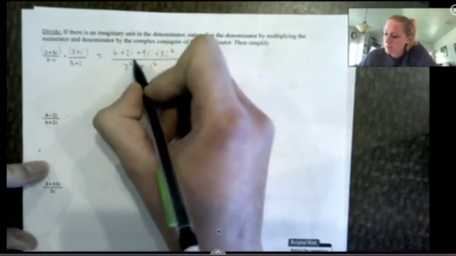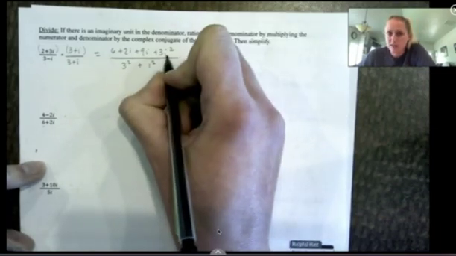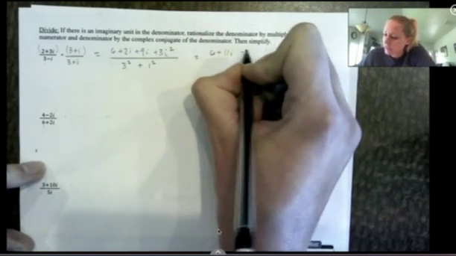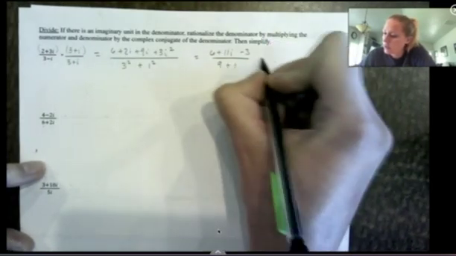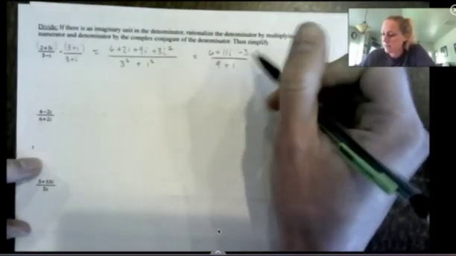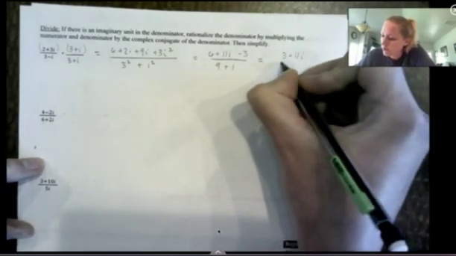So simplifying here, we get 6 plus 11i, and then i squared is -1. -1 times 3 is -3. On the bottom here, I get 9 plus 1. Okay, so lastly, 6 and -3 is 3 plus 11i over 10.